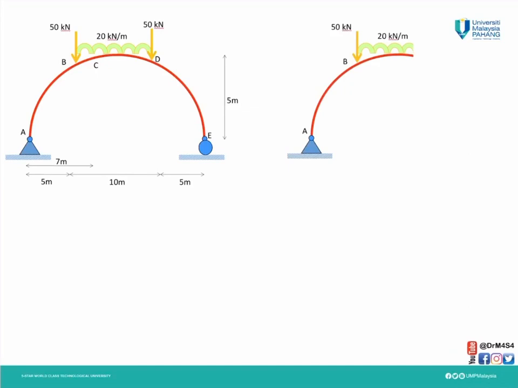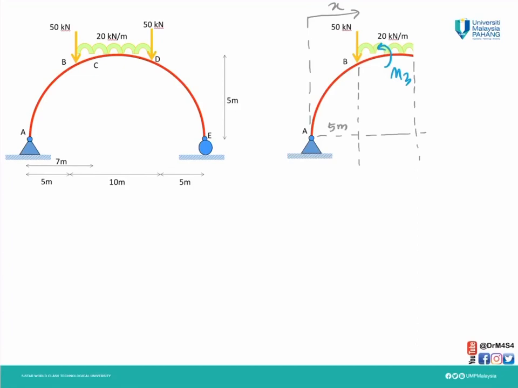Then we take another section for M3. And this is the X direction. We know here is 5 meter.